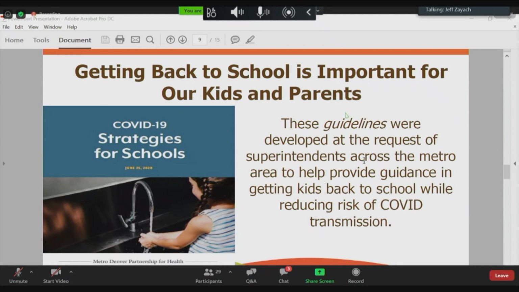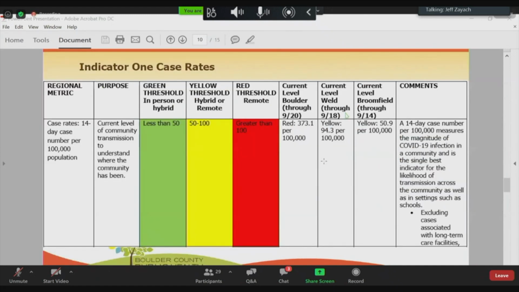So the Metro Denver Partnership for Health, which is 7 other counties in the metro area, met with the superintendents across those and developed these guidelines, which we put in place to help schools think about how to get students back to school in a way that reduces risk. These guidelines were also evaluated and reviewed by Public Health and Environment. And the guidelines are what incorporate this next set of framework I'm going to show you.